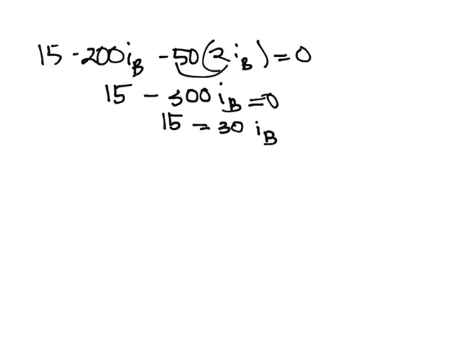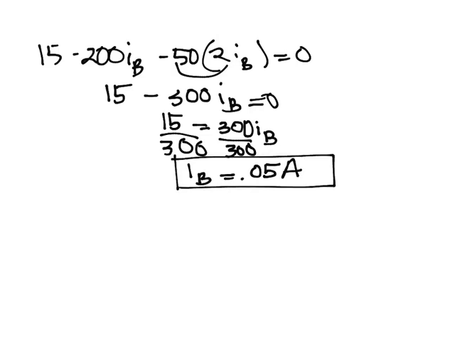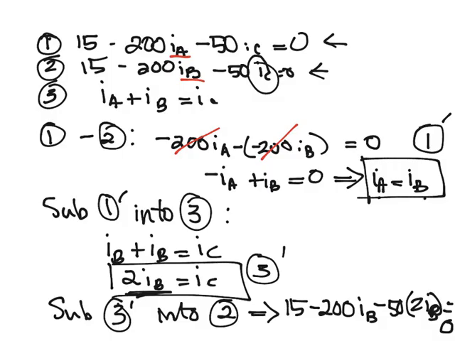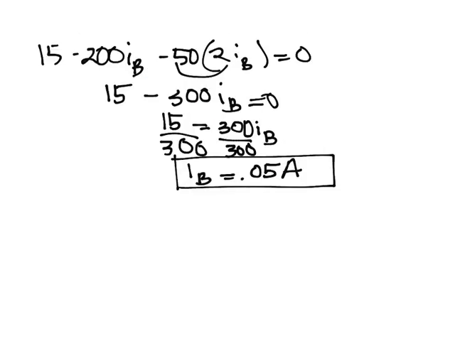I divide both sides by 300, and I end up with IB equal to 1/20th, which is 0.05 amps. Okay, so now I have one of my currents. But I already know, because I wrote it down before, that IA equals IB. So then I know IA equals 0.05 amps.